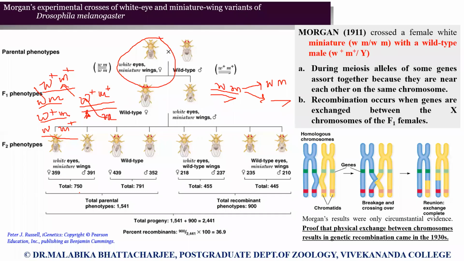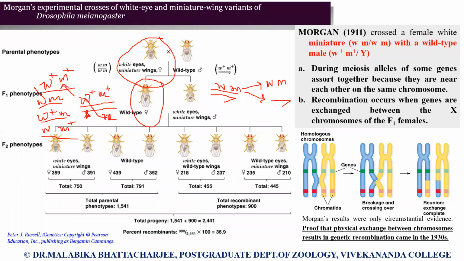He counted that 750 parentals of this type. Again, he saw that he got wild type. That is, wild type was the W plus M plus flies. You can see. So he got this category of flies also. Okay. So these are also parents. So these category of flies belonged to the parents.